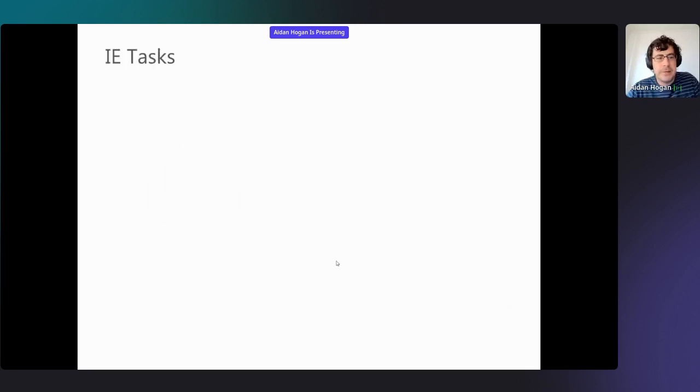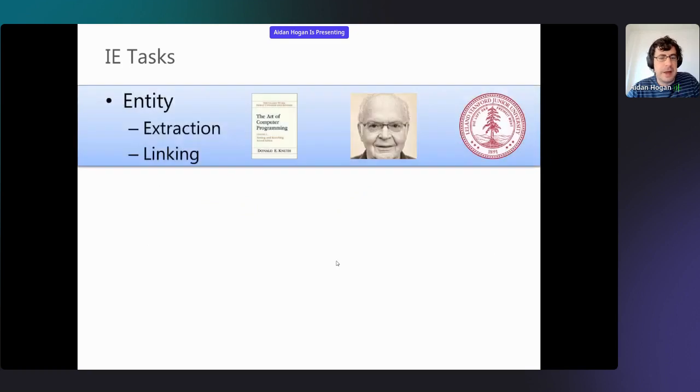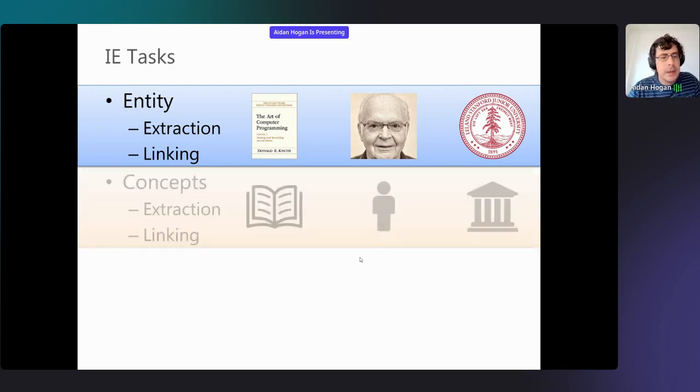With information extraction, we identified three main tasks that we would like to focus on. Entity extraction and linking: extraction to identify in text mentions of entities, and then to link those mentions with knowledge graphs.